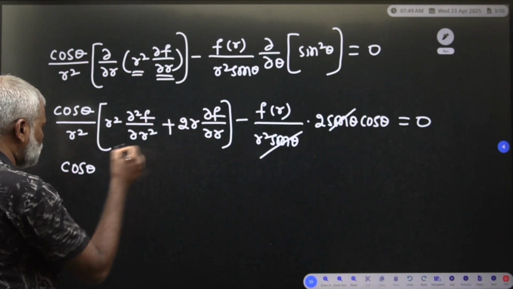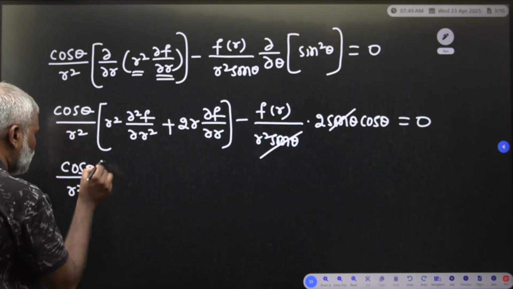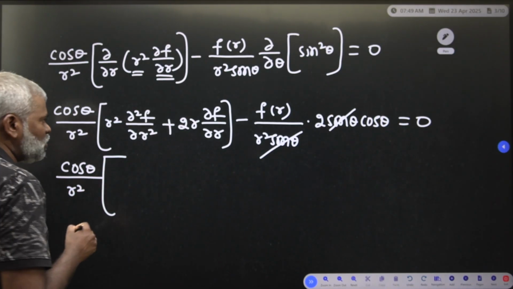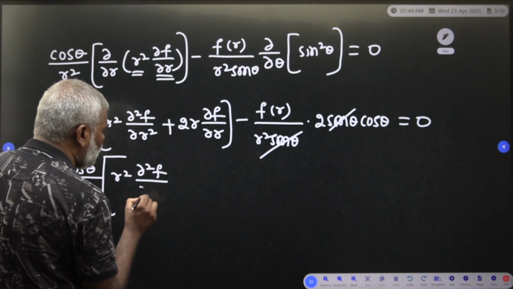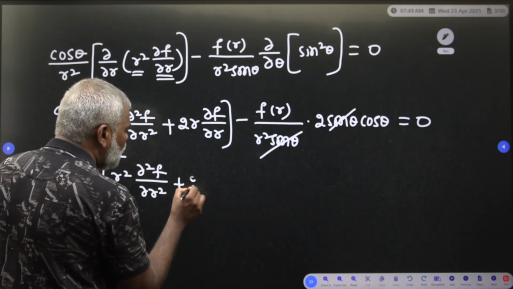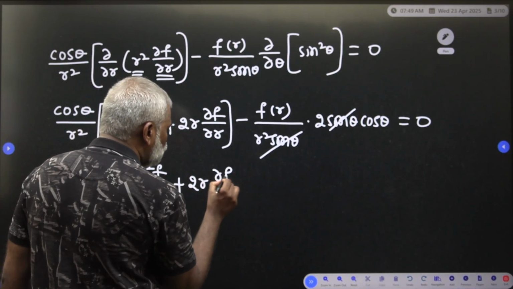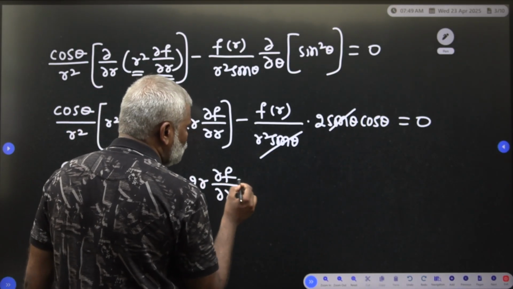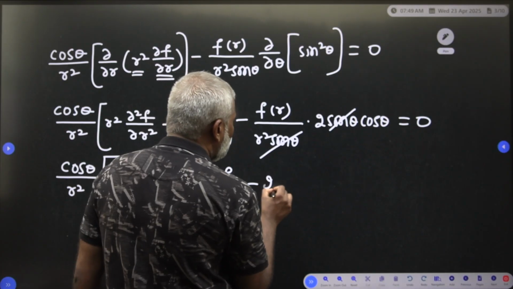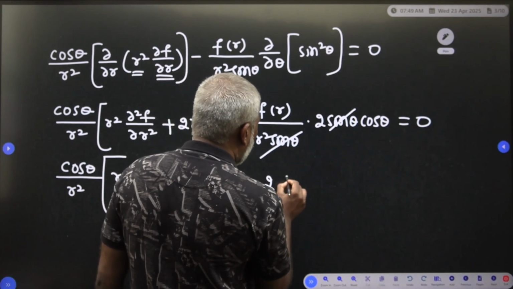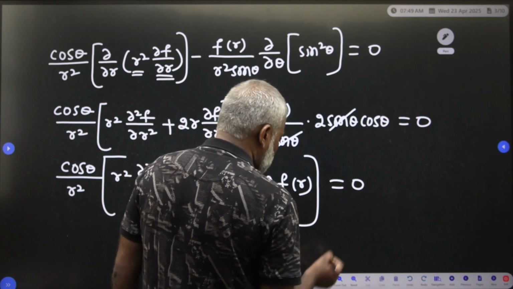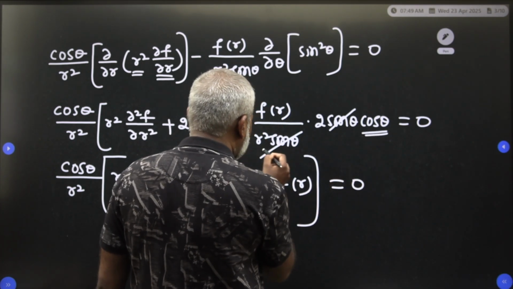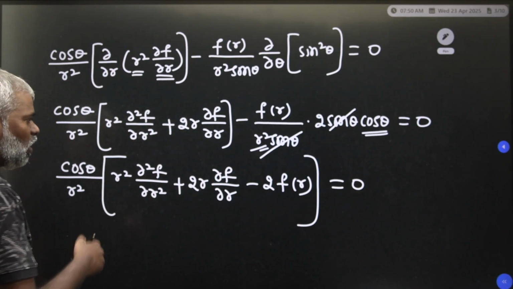In the two terms you have to take cos theta by r square as common: r square into ∂²f(r)/∂r² plus 2r into ∂f(r)/∂r minus 2 into f(r), which is equal to 0, because cos theta by r square I have to take outside.